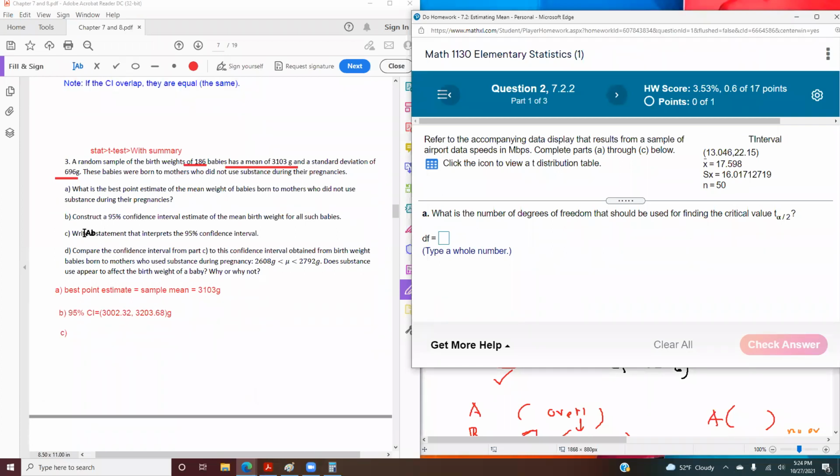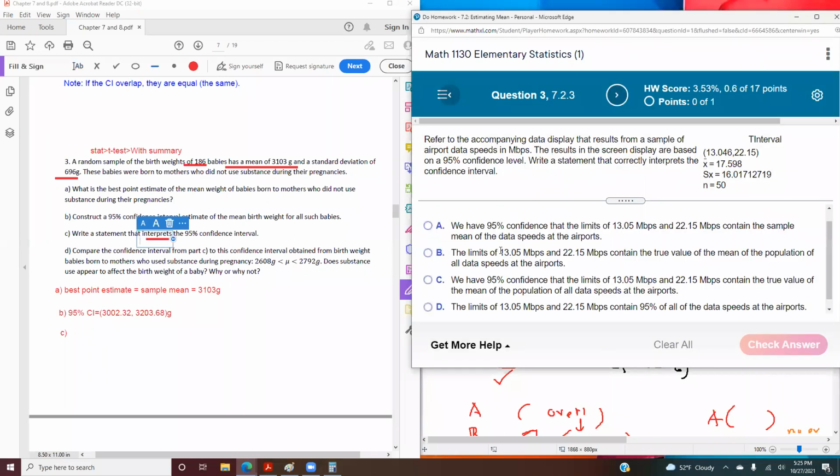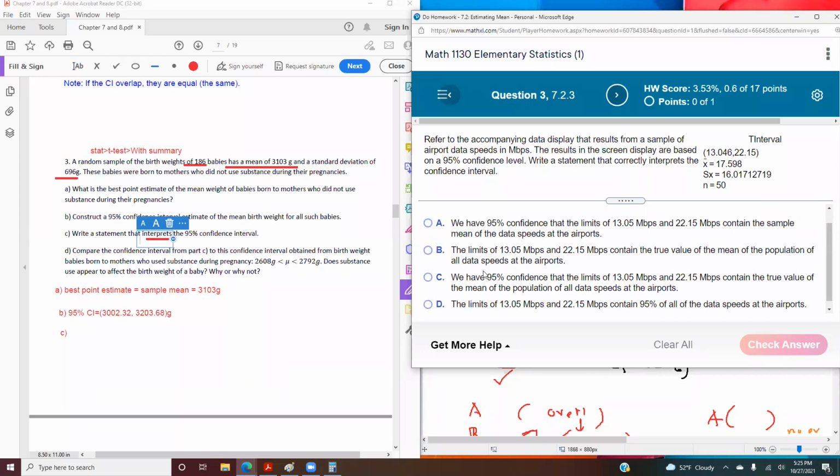Question C asks us to write a statement to interpret. When I want you to interpret in C, it means you have to use the word "confident" with the 95%. So go ahead with Part 3C and write a statement to interpret this 95% confidence interval.